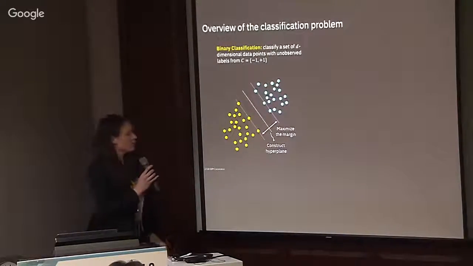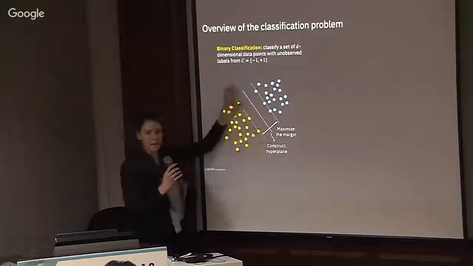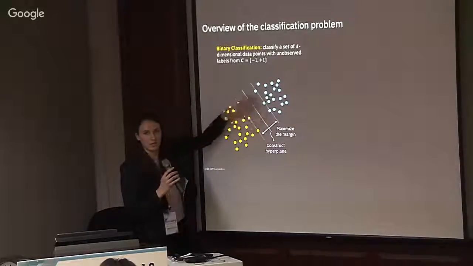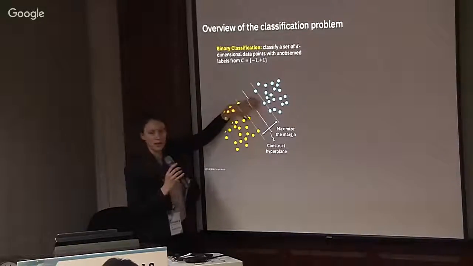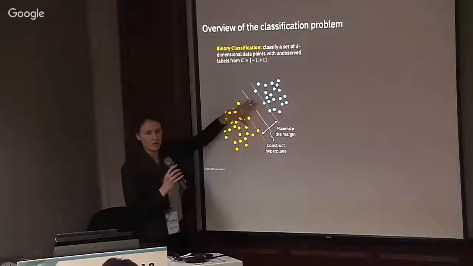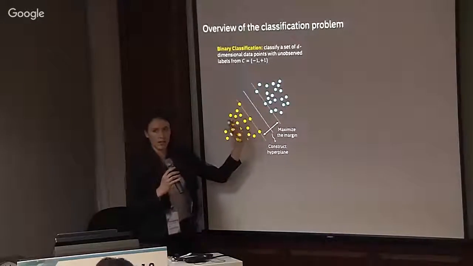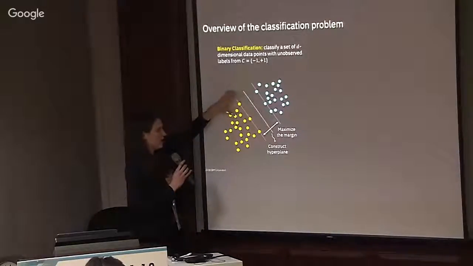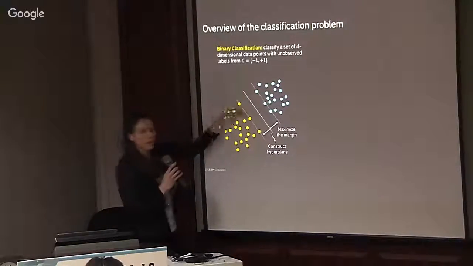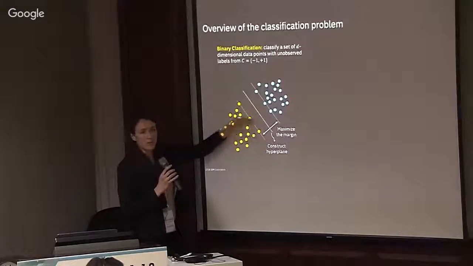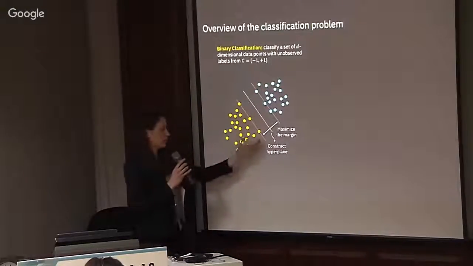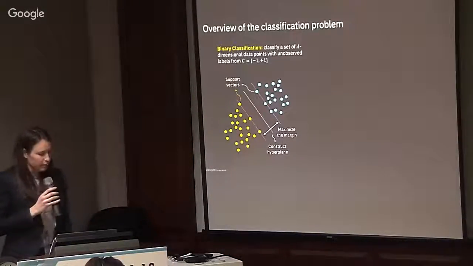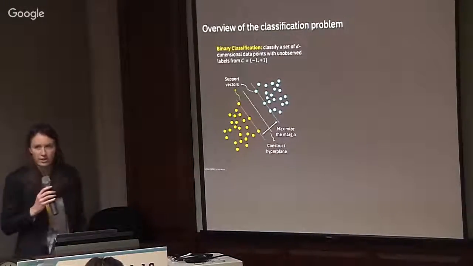orientation. So what you want to do is construct this hyperplane in such a way that you actually maximize the distance between these two clusters. So this is called the margin, and you want to maximize this, and that will fix the orientation of this hyperplane. And when you maximize this margin here, you'll find that there's a few data points that will lie on the boundaries of this margin, and those data points are special data points that are called support vectors.